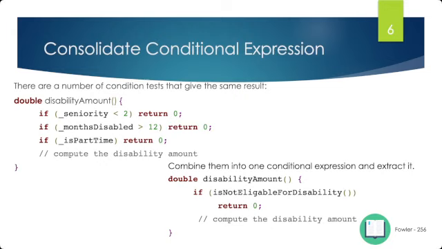I hope you understand that it's a very easy way of refactoring, and in literature it has the name consolidate conditional expression. But please, when you do it, don't forget to create a new method with an understandable name.